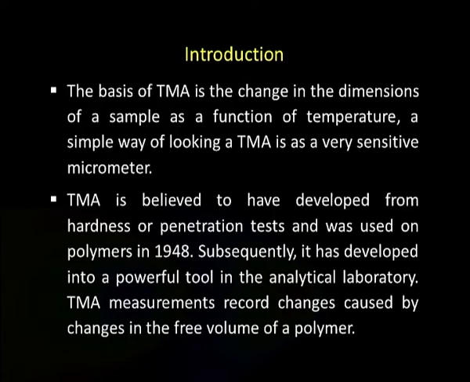TMA is believed to have developed from hardness or penetration tests and was used on polymers in the year 1948. Subsequently, it has developed into a powerful tool in the analytical laboratory. TMA measurements record changes caused by changes in the free volume of a polymer.